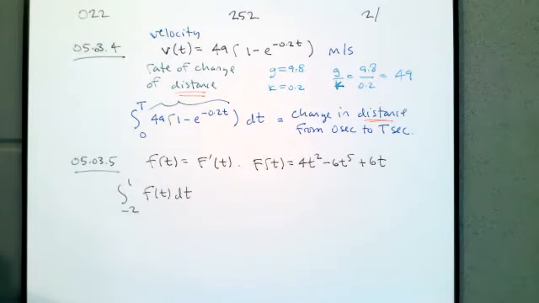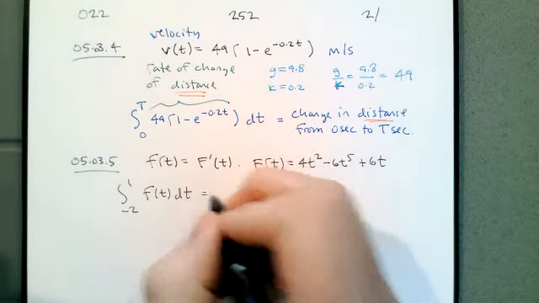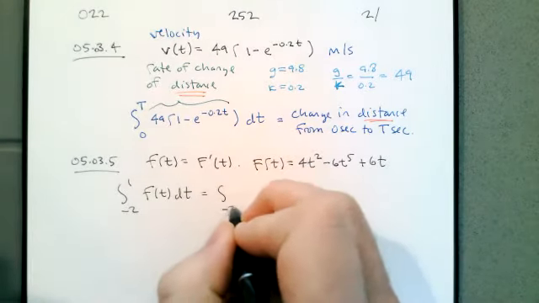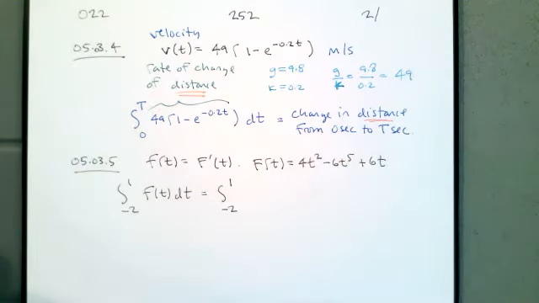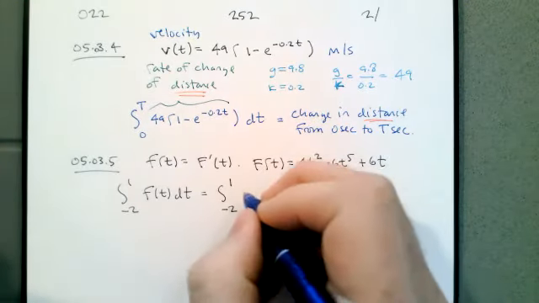The fundamental theorem of calculus says that if we integrate little f, we can evaluate its antiderivative at the endpoints. So little f of t is capital F prime. So this is the integral from -2 to 1 of capital F prime of t.